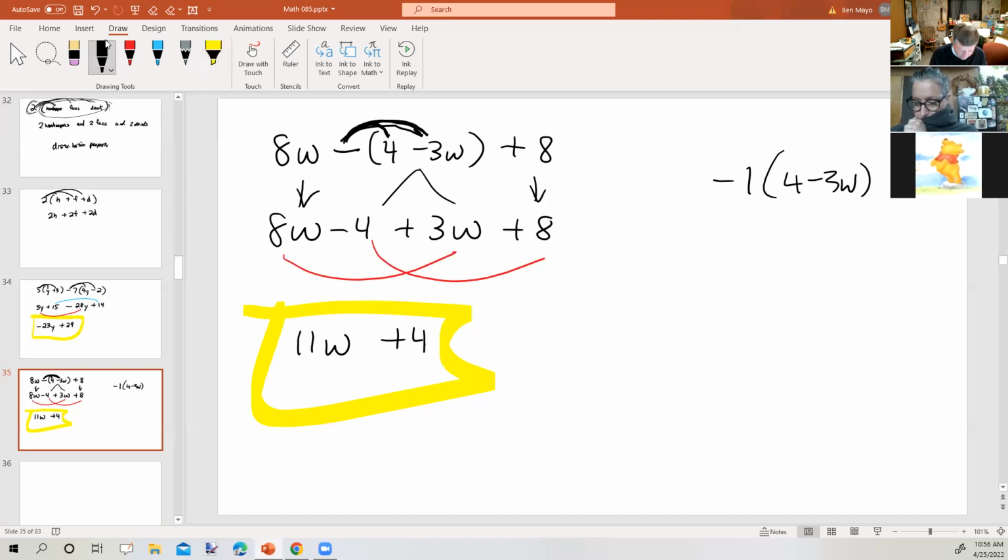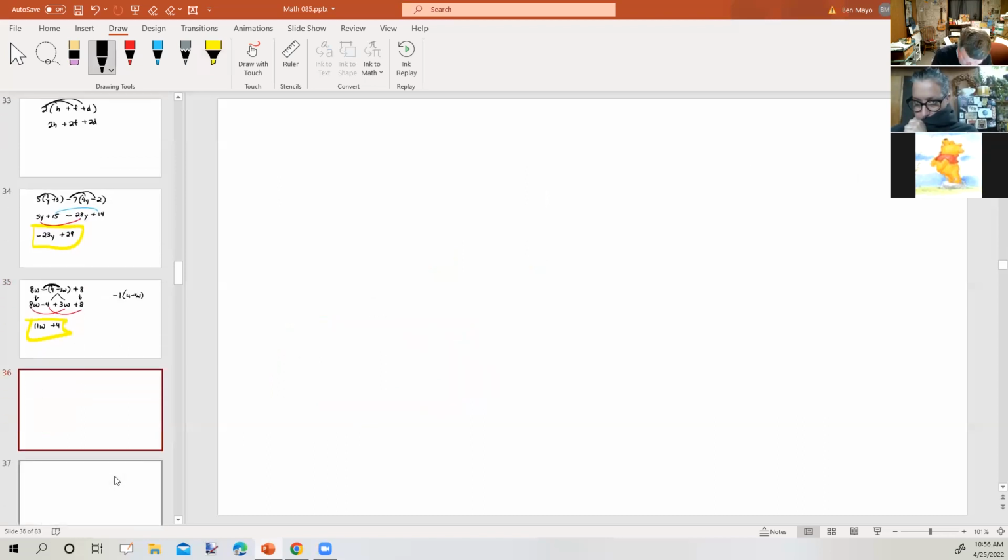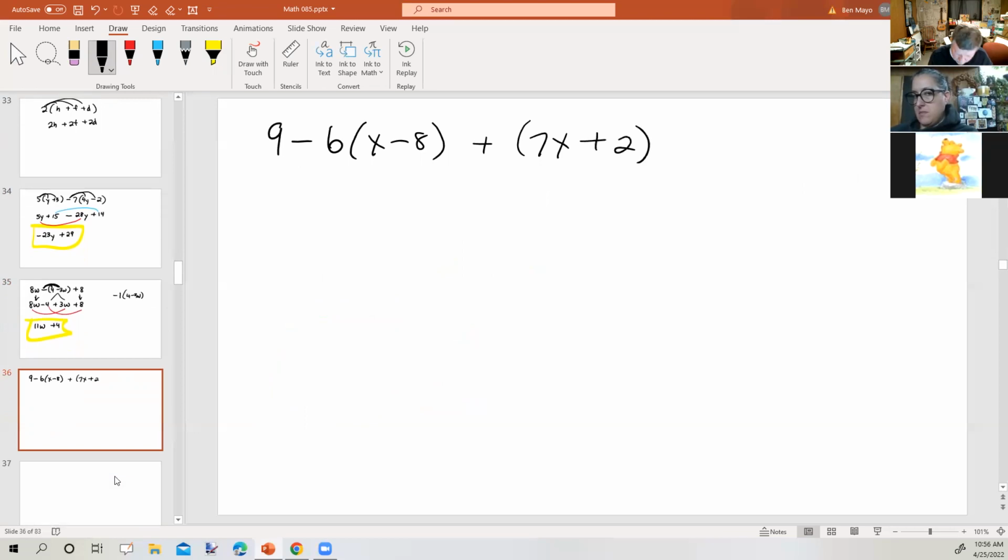Questions? All right, let's take a look at this problem. 9 minus 6 times the quantity x minus 8 plus the quantity 7x plus 2.